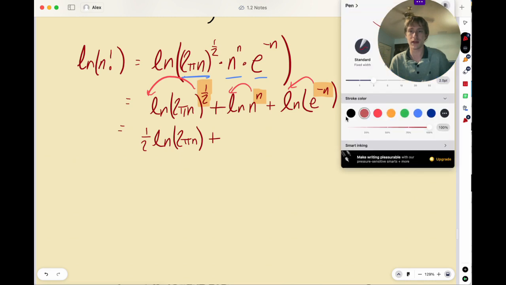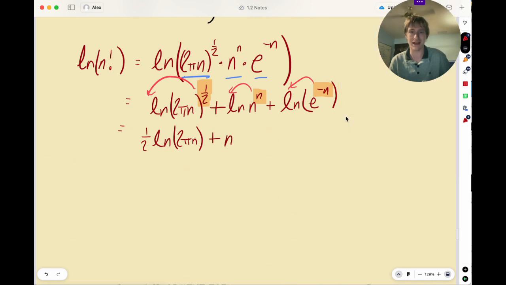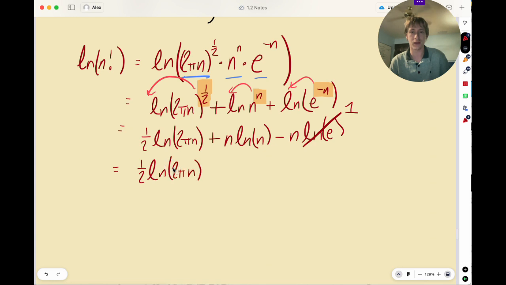So then we get plus n natural log of n minus n natural log of e. Now remember that the natural log of e is 1. So we have 1/2 natural log of 2 pi n plus n natural log of n minus n.